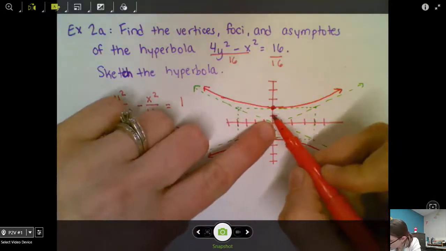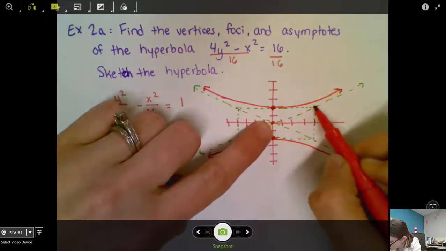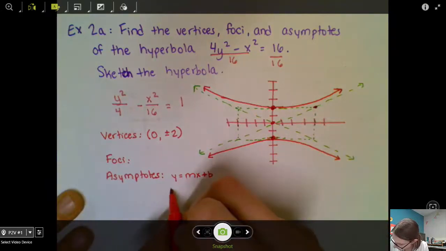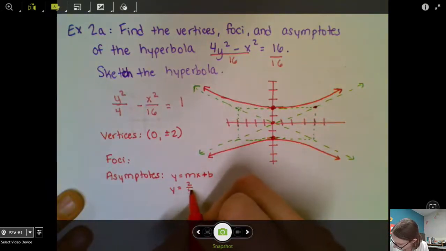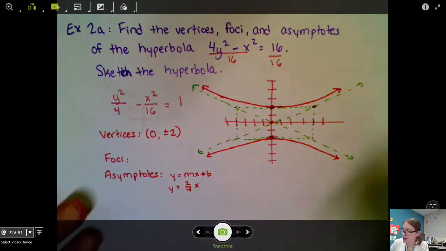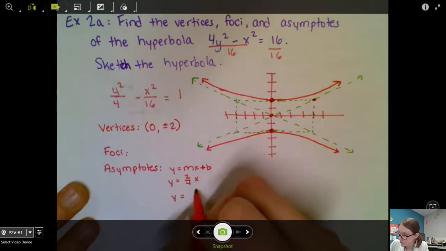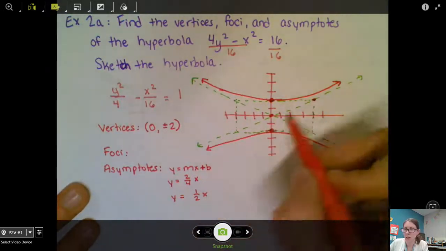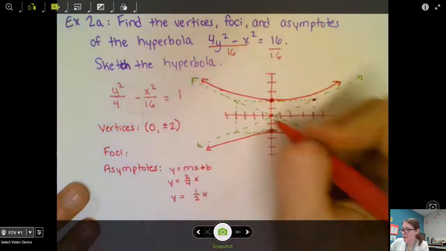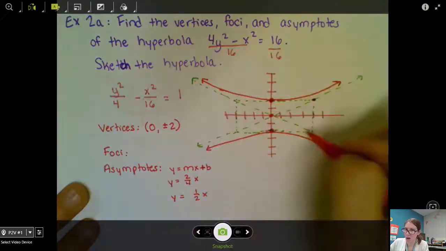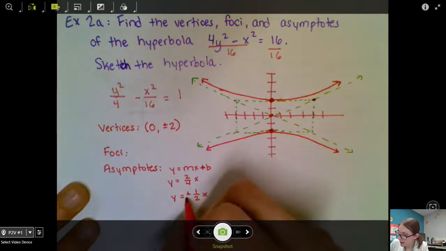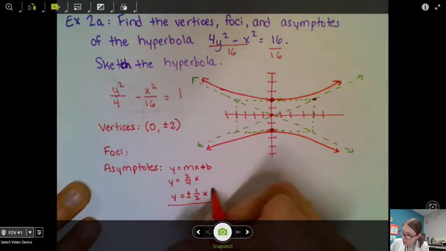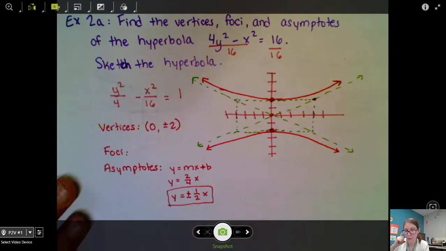Our slope from this end to this end of our rectangle, we go 2 up and over 4. So that's y equals 1/2 x. y equals 1/2 x gives us this asymptote. Our opposite slope gives us our other asymptote. So y equals -1/2 x is this guy. So together, our asymptotes are at y equals plus or minus 1/2 x.